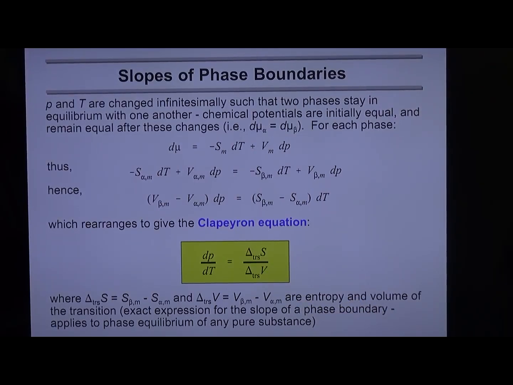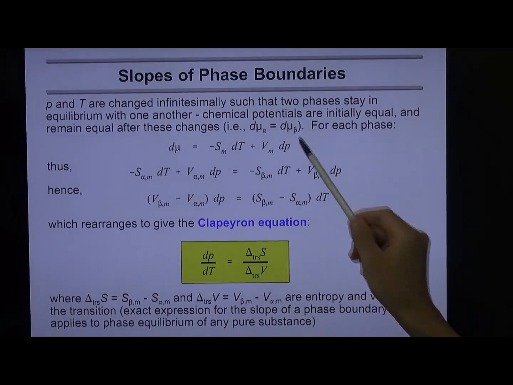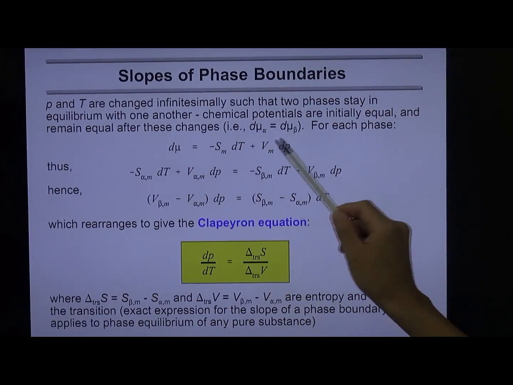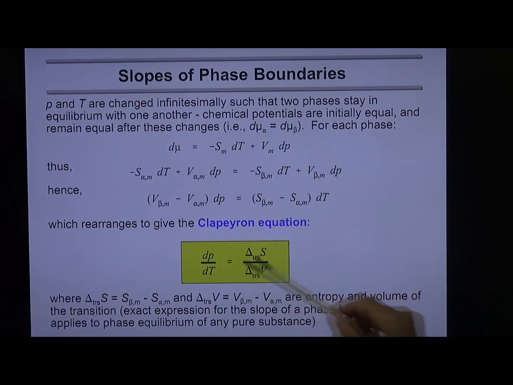If we have information about entropy change upon phase transition between two different phases, and also volume change upon this physical transition, then we can determine how pressure changes as a function of temperature.